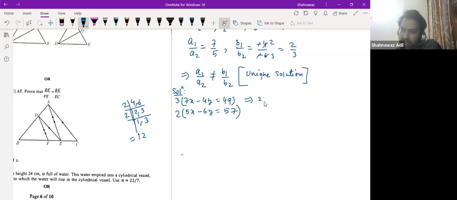So this would be 27x minus 12y equal to 147, right? And then this would be 10x minus 12y, and this is 4, and this is how much?